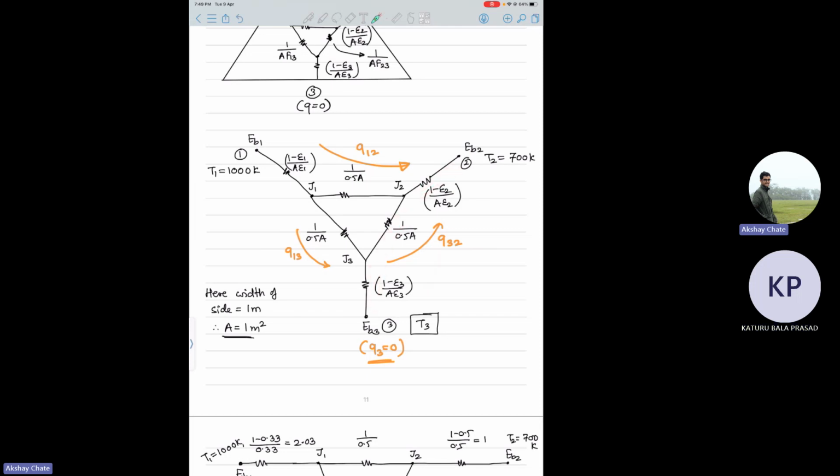So you can consider only up to J2. No need to consider the last leg. And similarly, from 1 to 3, whatever heat is flowing, it follows this path, right? And through this path. So like that. You understood?